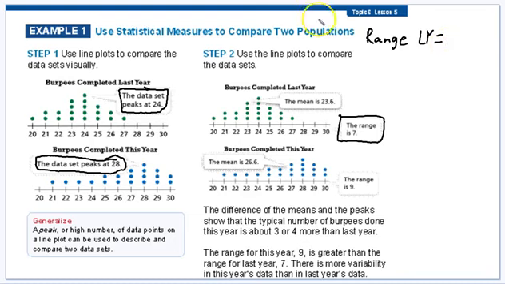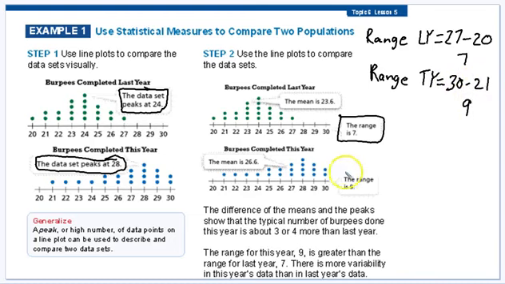So it would be 27. 27 is the highest number minus 20. And that is 7. So range for this year equals 30 minus 21. And that is 9. So what does that tell me?